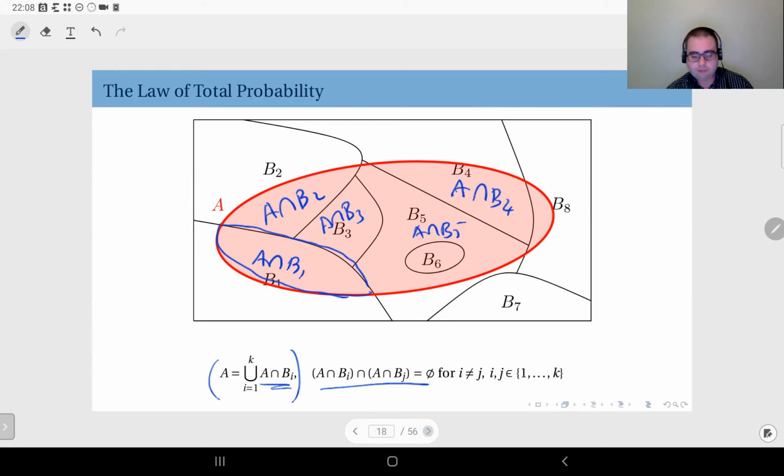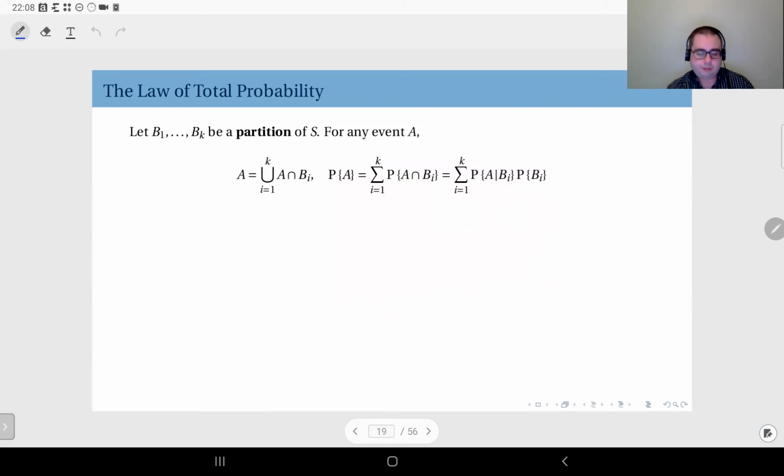Now based on this, when you have a partition on the sample space S, for any event A, I can write A as the union of these smaller partitions. And since they are all disjoint, I can invoke the third axiom to write the probability of A as the sum of the probabilities of these subsets.